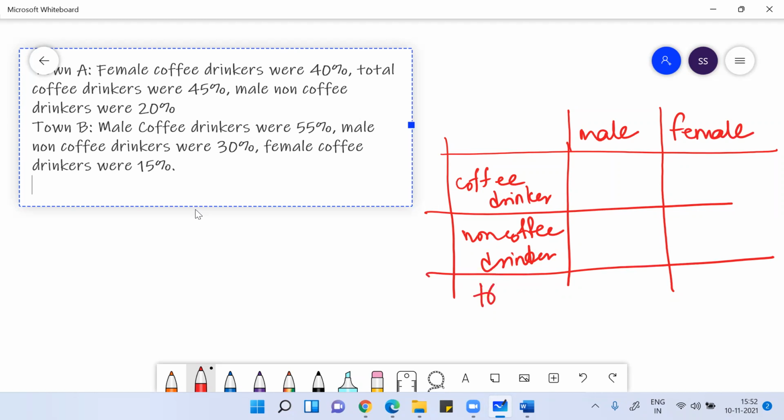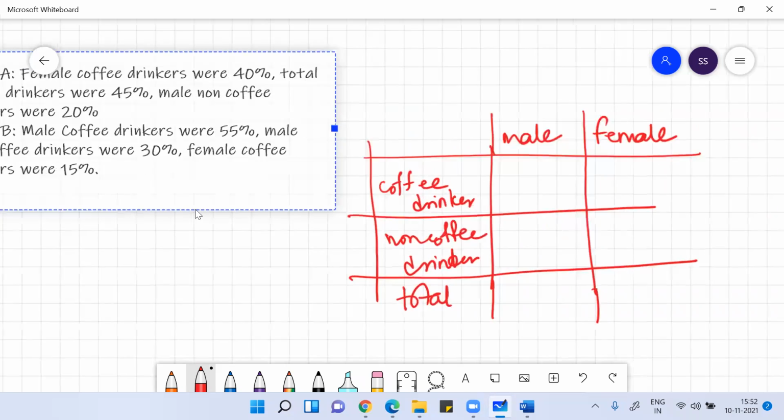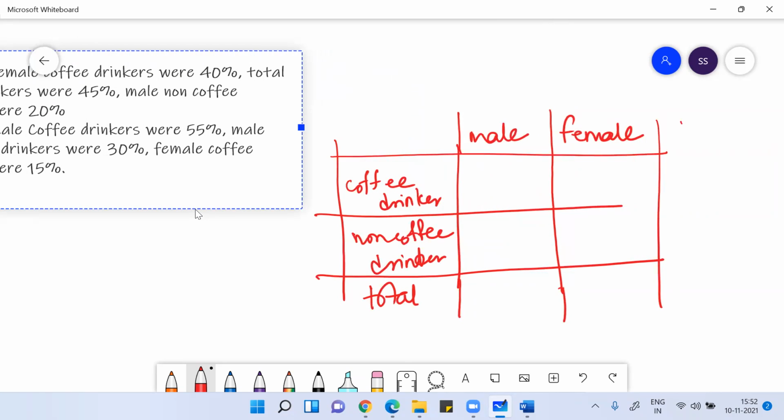I can write this as total here, and then I can write total here.